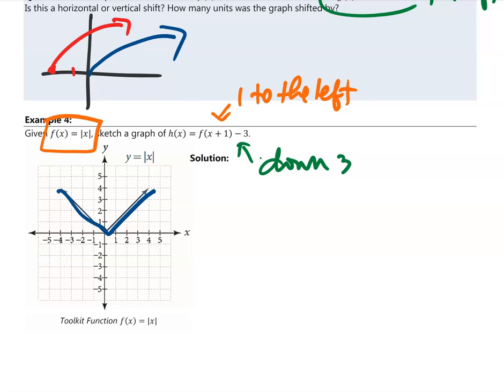So we move this V-shape 1 to the left and down 3. Let's say this is the vertex, 1 to the left and down 3. The whole graph moves 1 to the left and down 3. So this is the graph. We can write it as the absolute value of x plus 1 minus 3. So this is your h of x.